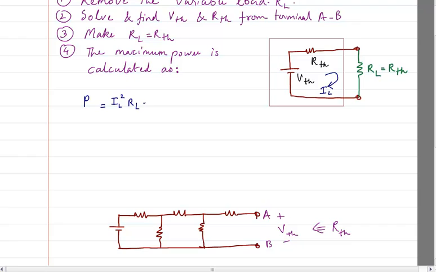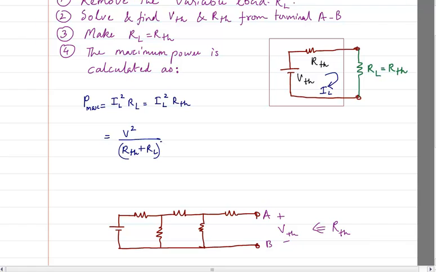So this is going to be IL square RTH. For maximum power, this will become P max. When I want the maximum power, RL should be equal to RTH, that we have written.